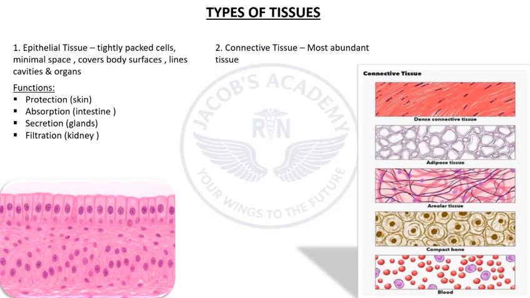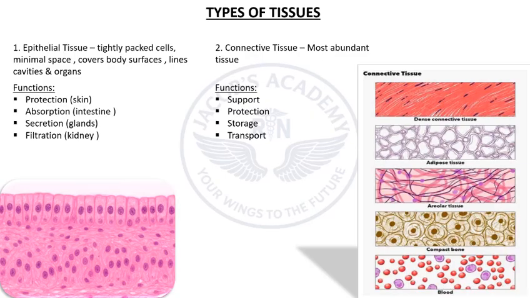Next we have connective tissue, the most abundant and widely distributed tissue in the body. Its role is to support, protect, and bind other tissues. Connective tissue includes bone, cartilage, tendons and ligaments, blood, and adipose, meaning fat tissue.